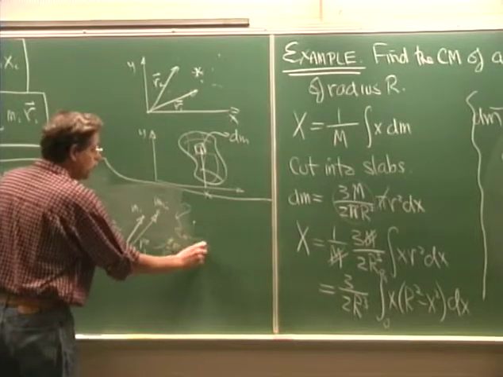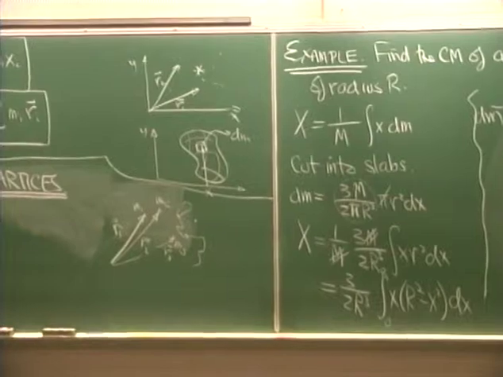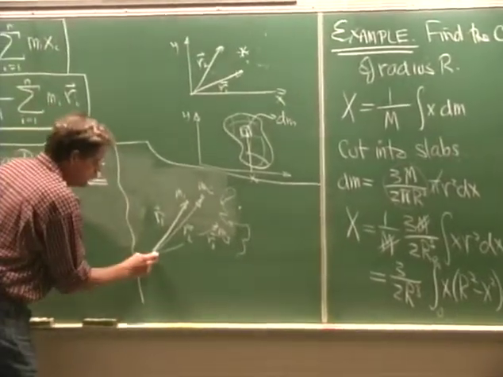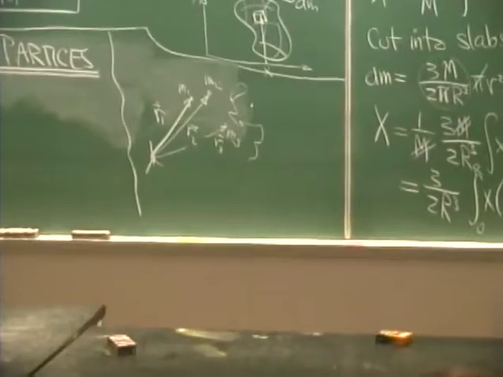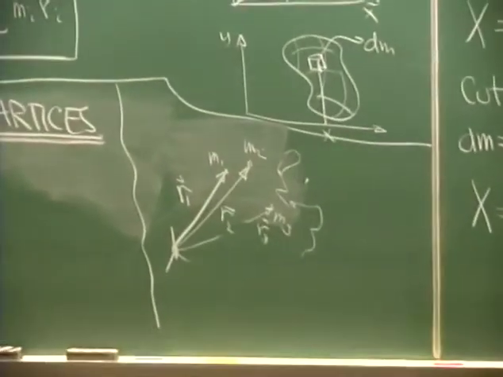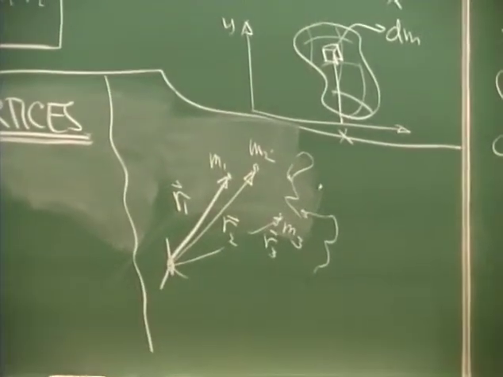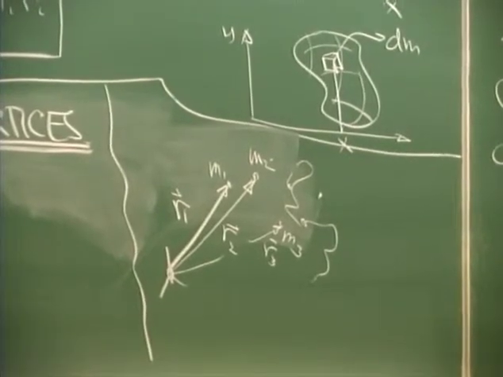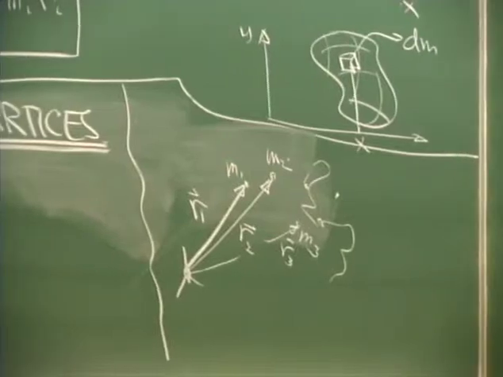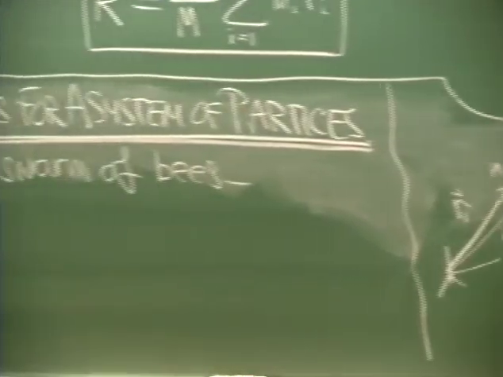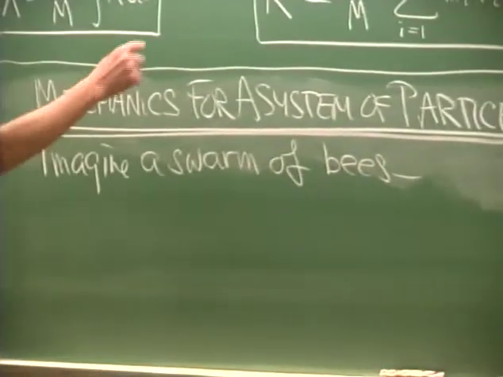So as time goes on, they're moving around in some complicated fashion. This down here is just the origin of my coordinate system. So, what's the center of mass of that swarm of bees?